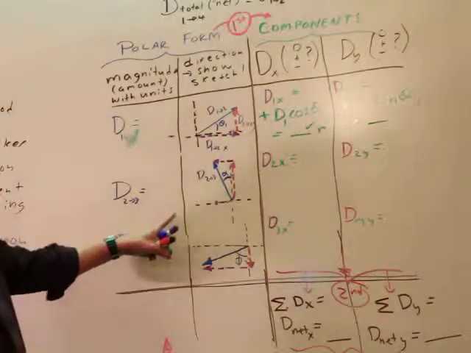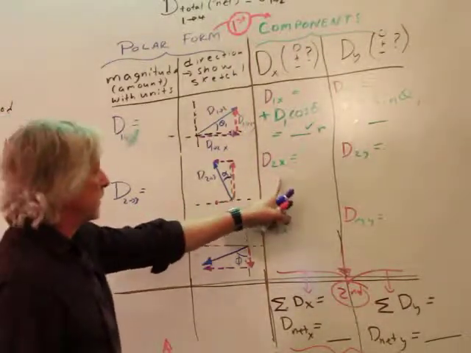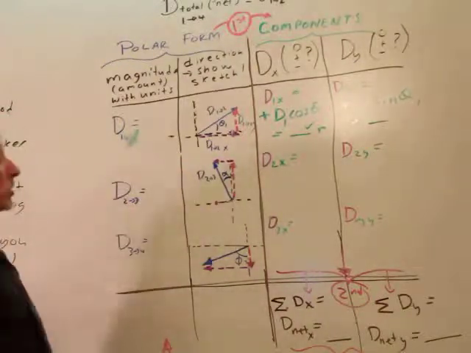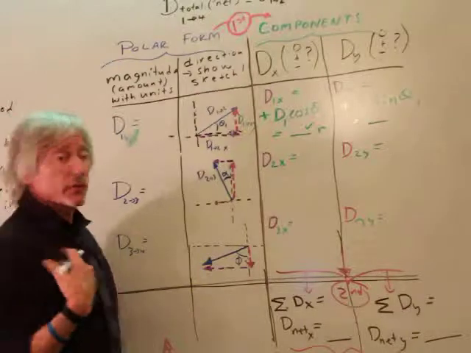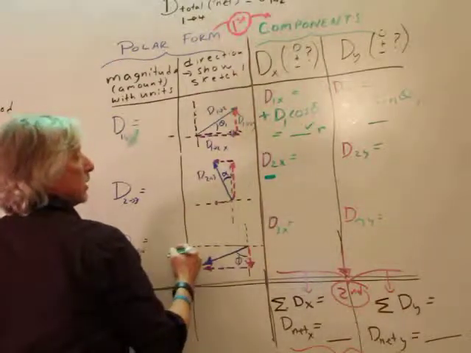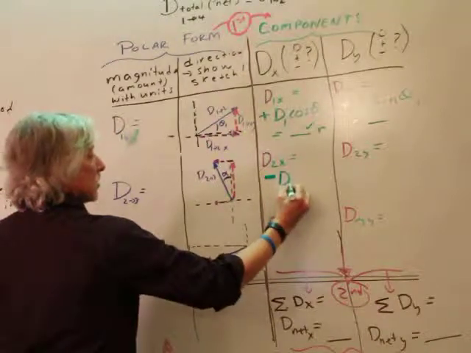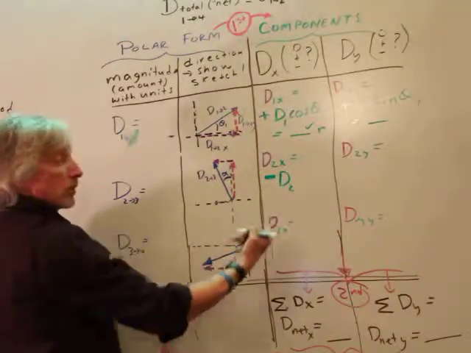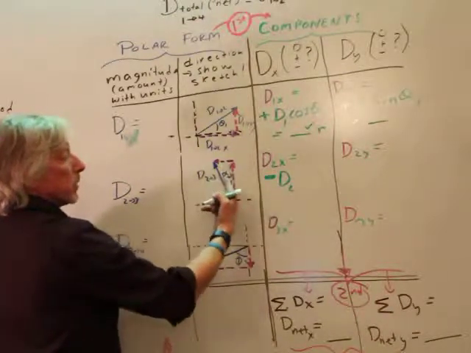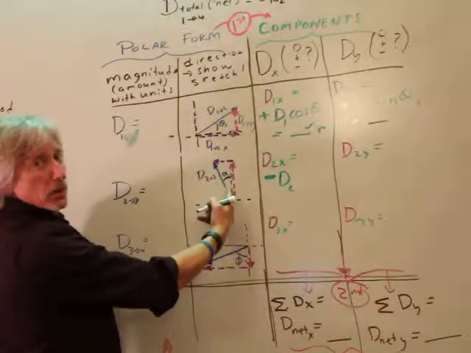Every one. d2x. Wait a minute, the purple is going in the negative direction. So I need to observe that from my sketch and put it in explicitly. How much is it? It's the magnitude d2, or d2 to 3 if you want to write it. Notice that the x component, the purple, is opposite alpha.